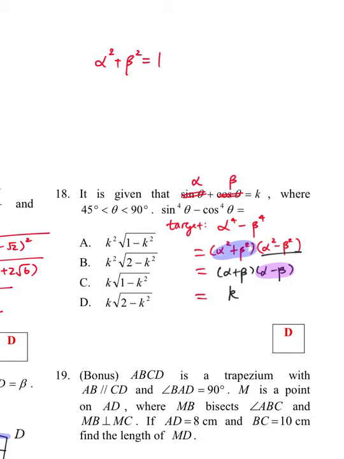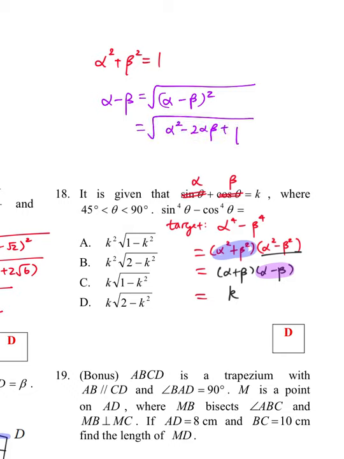The reason why I use alpha and beta is that I hope you would recall such a formula. It is a very common skill when we handle quadratic equations. You know that alpha squared plus beta squared is actually 1, so you can simplify it as 1 minus 2 alpha beta.